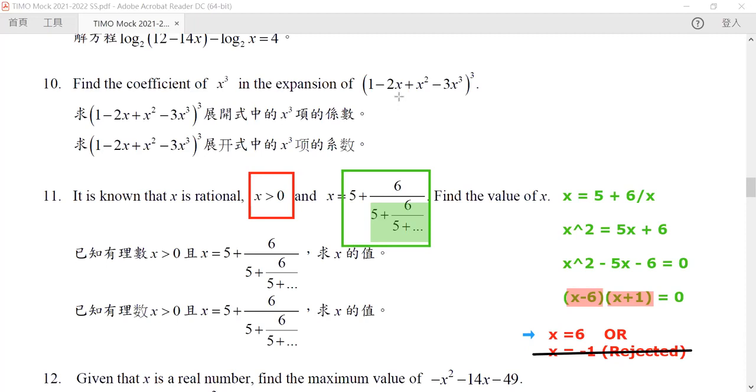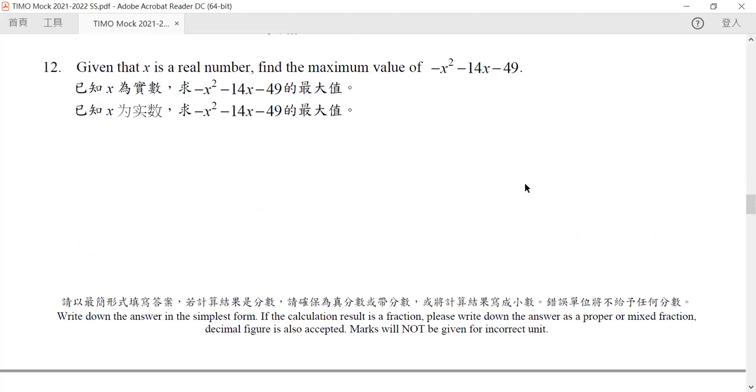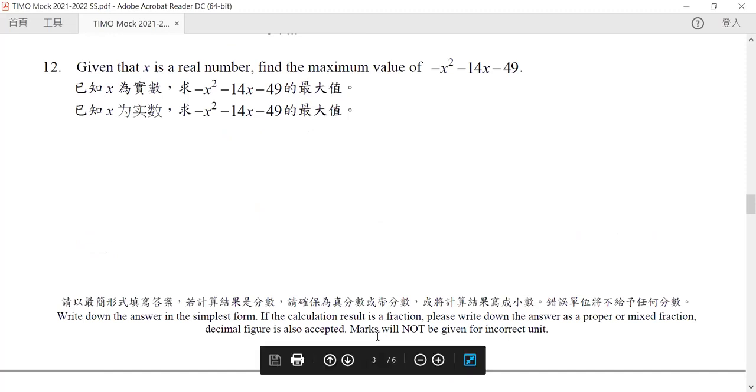Now let's go on to question number 12. Given that x is a real number, find the maximum value of this function.